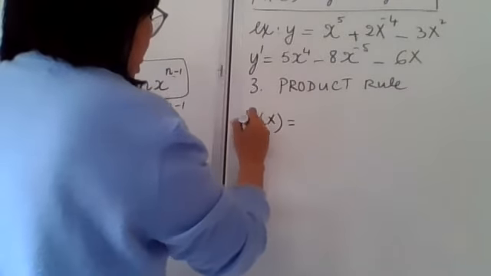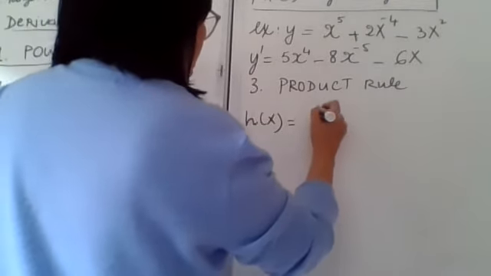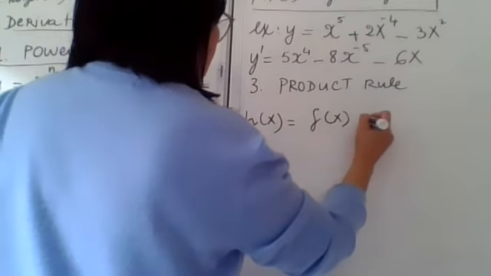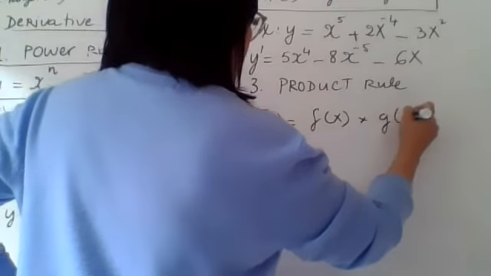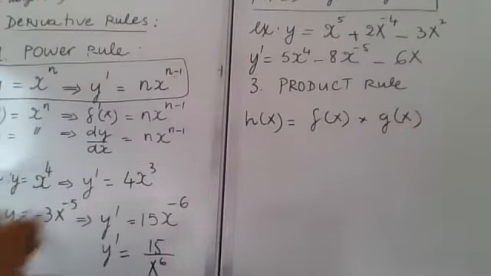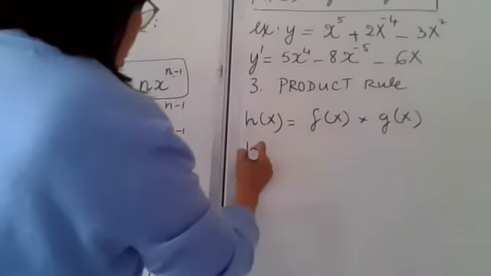I call this function h again, equal to a function f of x times a function g of x. So what is the derivative of it?